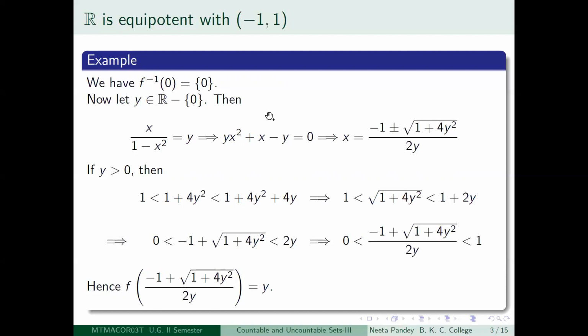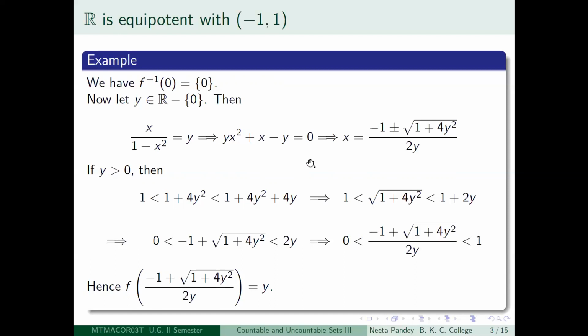So this is a quadratic equation in x. Notice you want to find x. So we would like to solve this quadratic equation. So we know by Sridhar Acharya's method that x has a particular expression. If your quadratic equation was ax squared plus bx plus c equal to 0, then x would have the values minus b plus or minus square root of b squared minus 4ac by 2a.